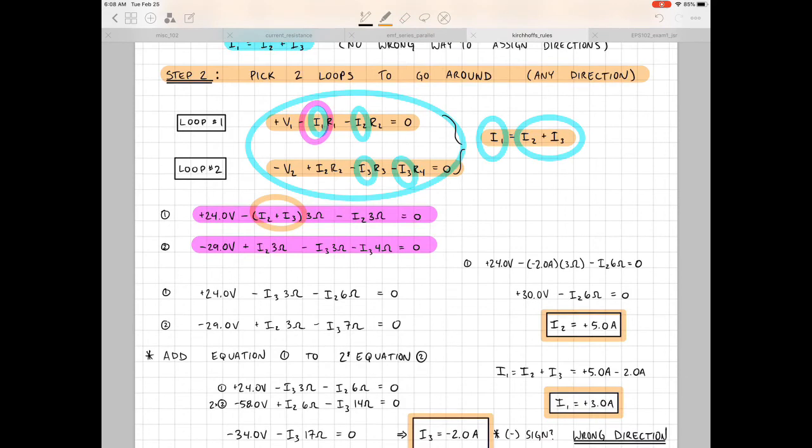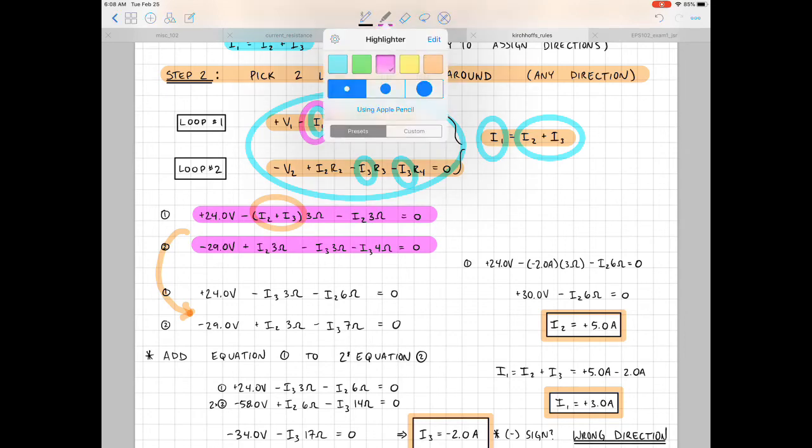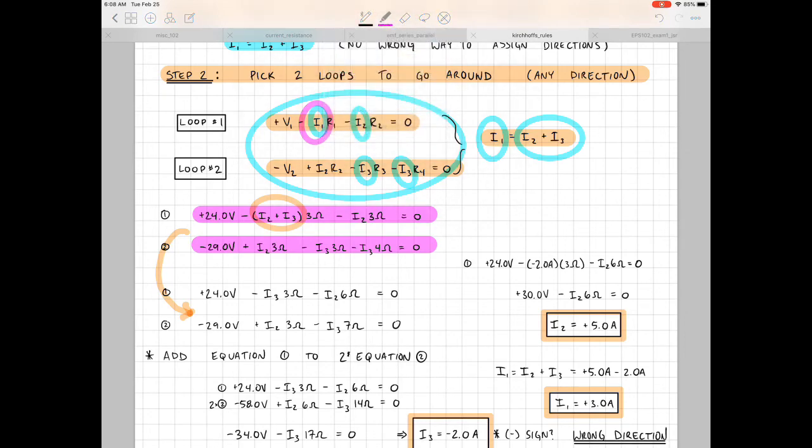All I'm going to do in this next step is a little bit of algebra. I have separated the I2 and I3 values and then combined the I2 values together over here.